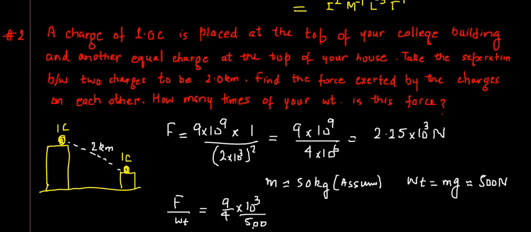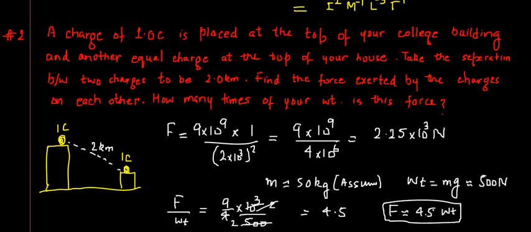Okay, so this is clearly 500 into 2's, this is 2 2's, so this would be 4.5 times. Okay, so the force between two 1 coulomb charges separated by a distance of 2 kilometers is approximately 4.5 times the weight, if you assume the weight of a person to be about 50 kilograms.